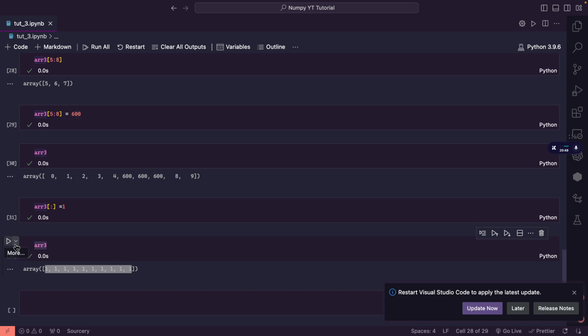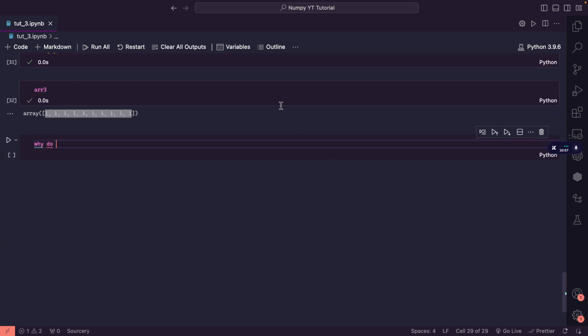we need to understand that NumPy is built for large data. Let me do a markdown. So, why don't we copy in NumPy?